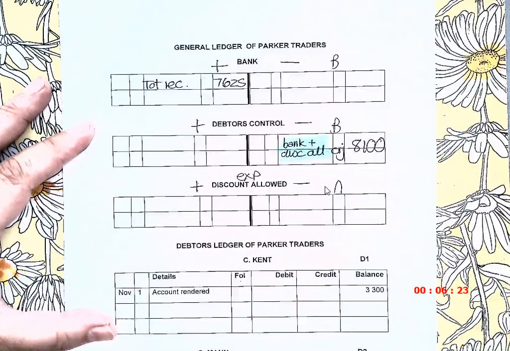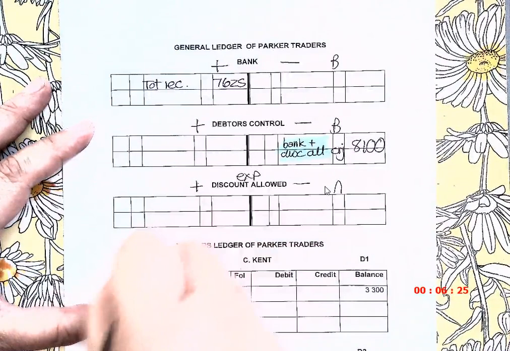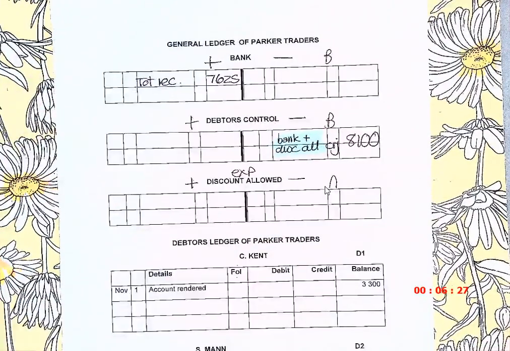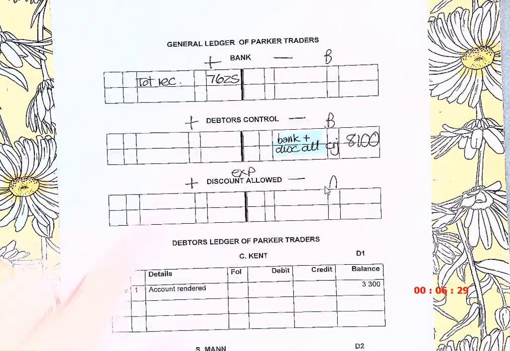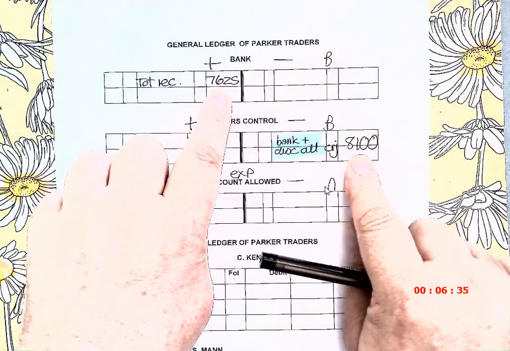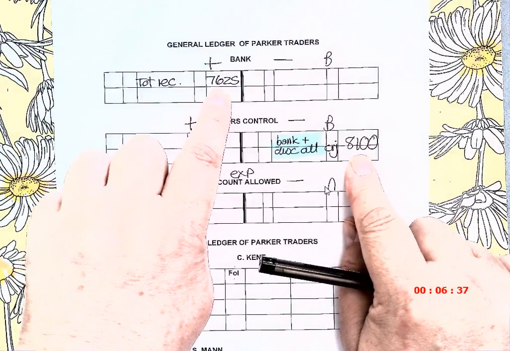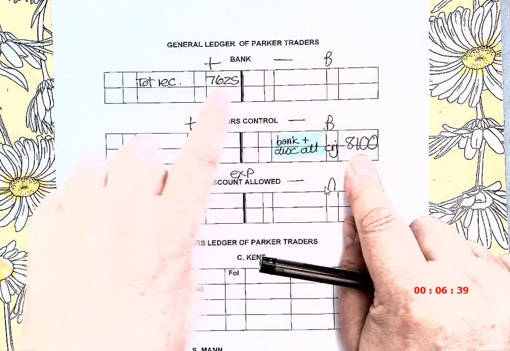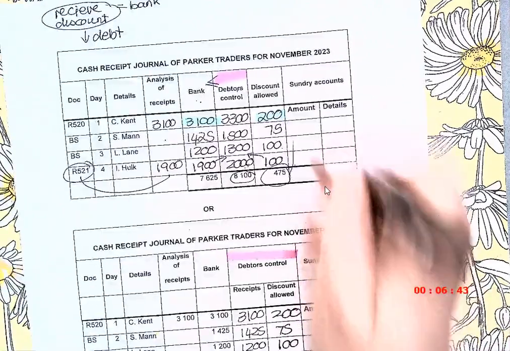And my discount is an expense, so it goes to the debit side, which makes sense, because if I look here, can you see, this side is only 7,625, and this side is 8.1. How much am I short?